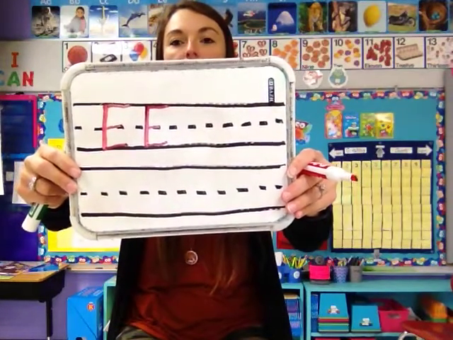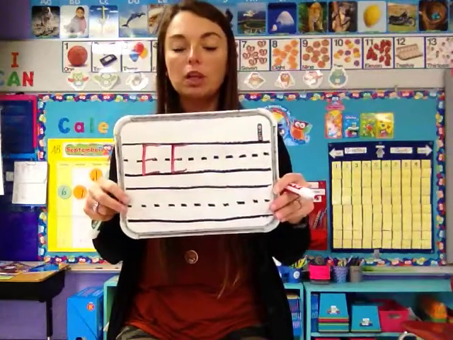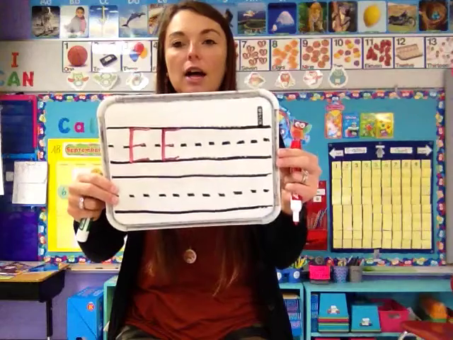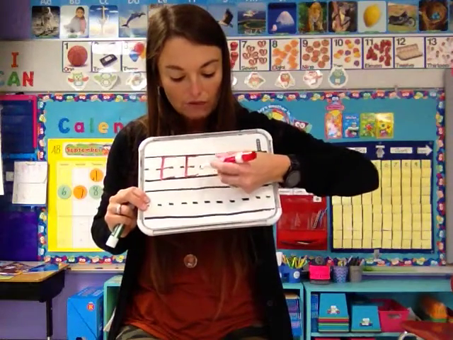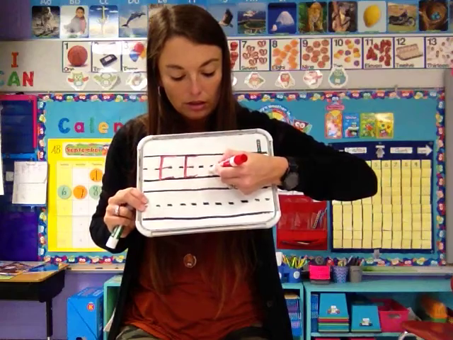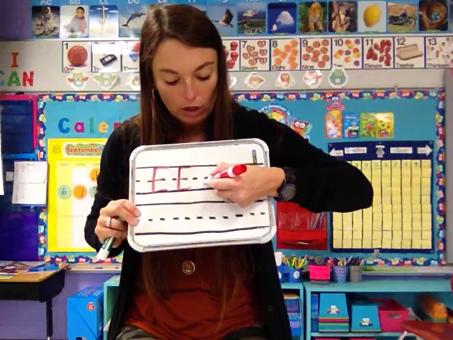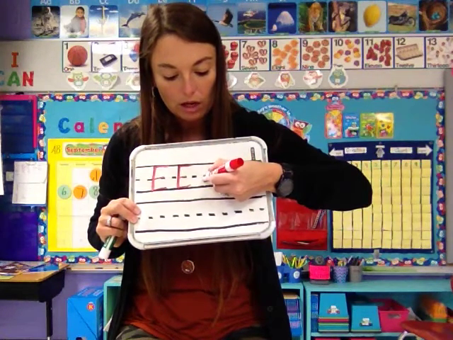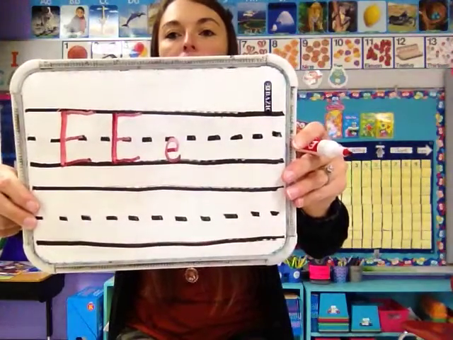Uppercase E. Lowercase e is a little tricky. We have to keep lowercase e between the middle and the bottom line. It doesn't come above that middle line. So we start in between those two lines. That's our starting point. We're going over, come up and touch that middle line, curve around, go down, touch the bottom line, curve back up.